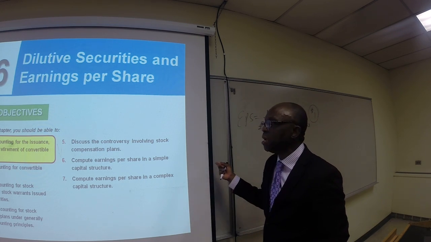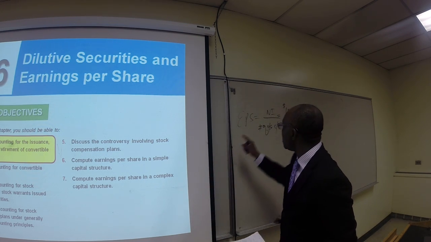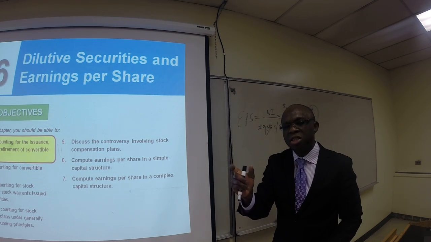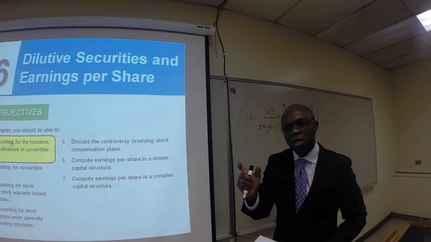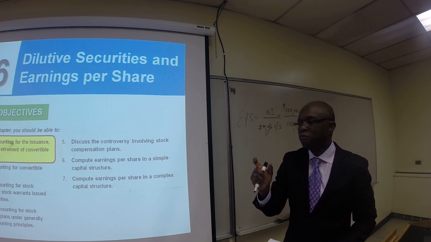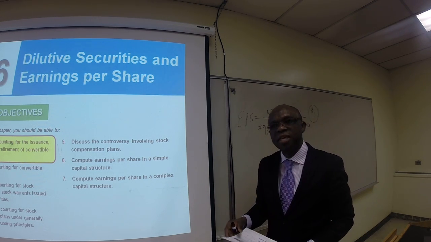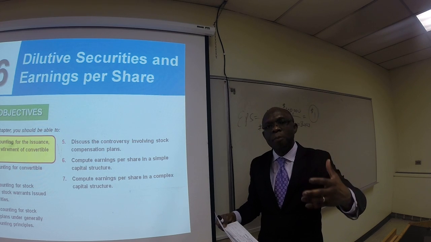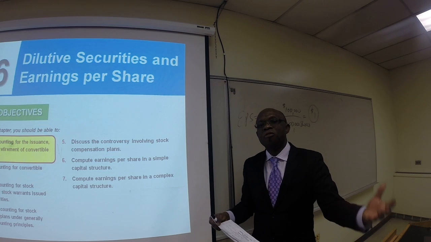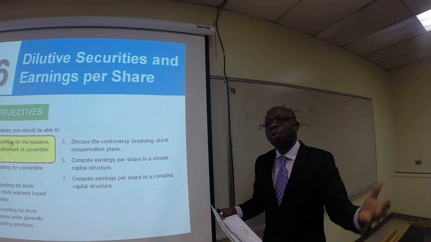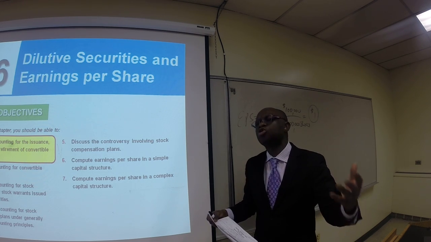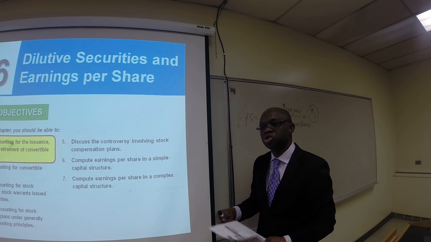So let's take a look at an example here. Let's assume that the company, in addition to having 100,000 shares of outstanding common stock at the end of the year, also has a convertible bond that can be converted to 100,000 shares of common stock.